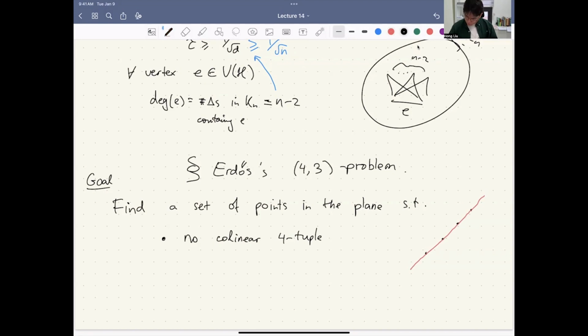You cannot have 4 points on a line, but you are very rich in collinear triples. So what does this mean? That means if you take a sufficiently large subset of this point set, you will get a collinear triple.